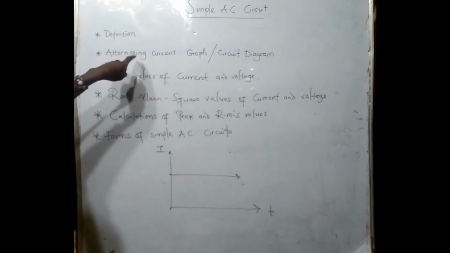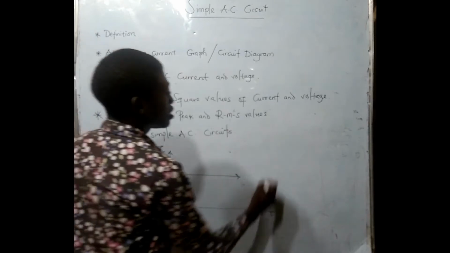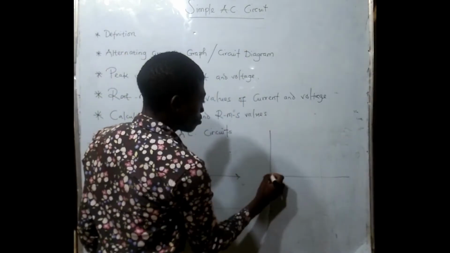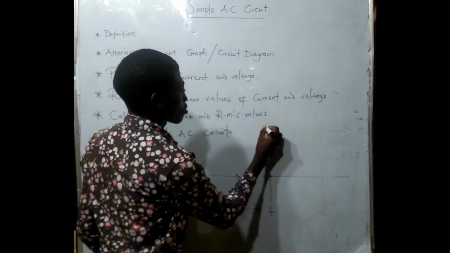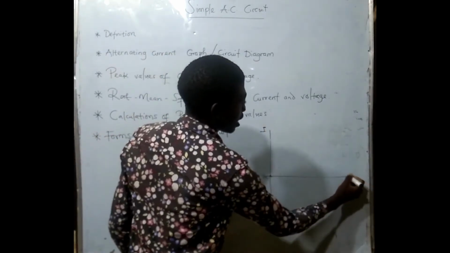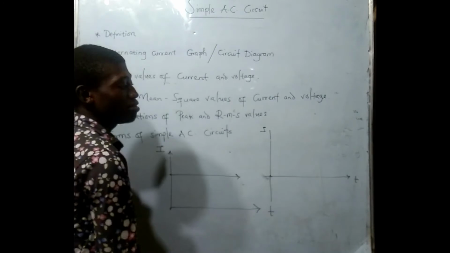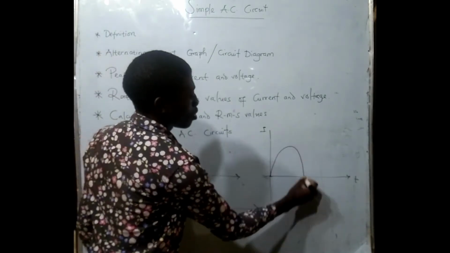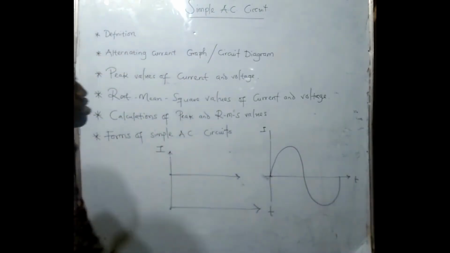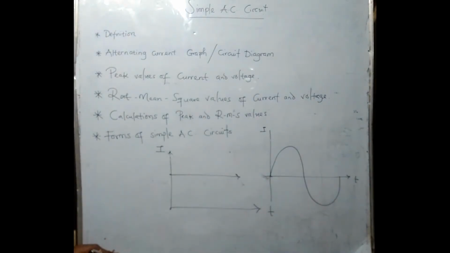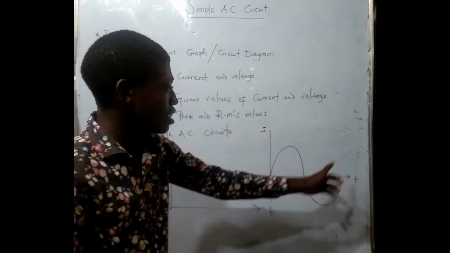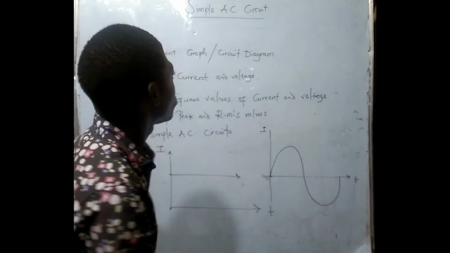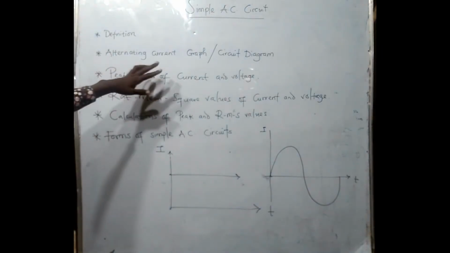But when we are considering alternating current, you have your current plotted against your time, but you have a curve that is sinusoidal, just in this form. So we can say that an alternating current is a current that flows sinusoidally, or it varies periodically. Just as you can see, it varies with time. So that's that for alternating current.